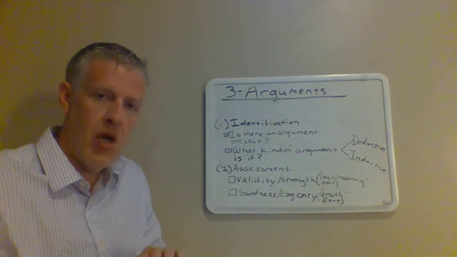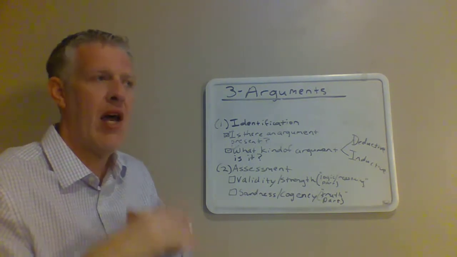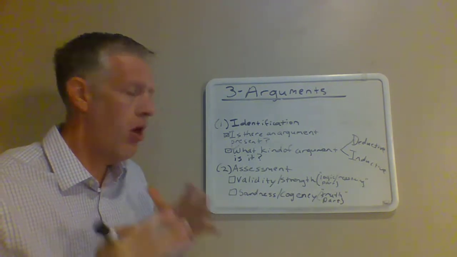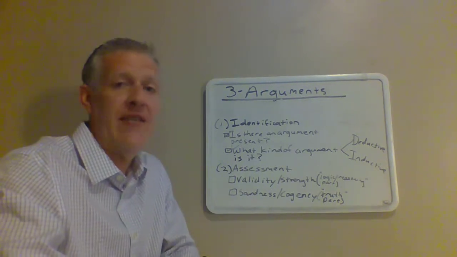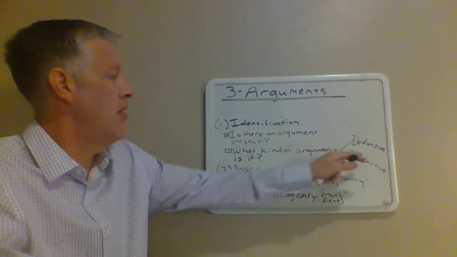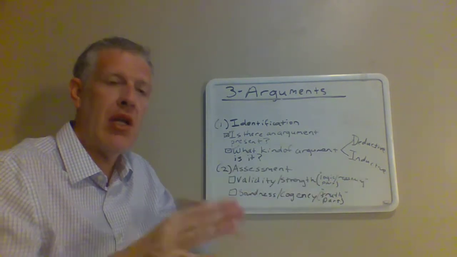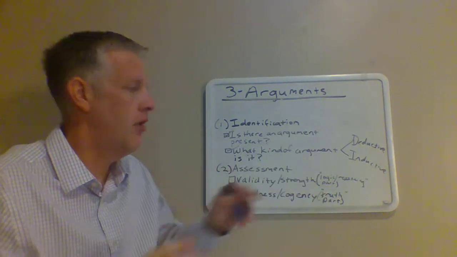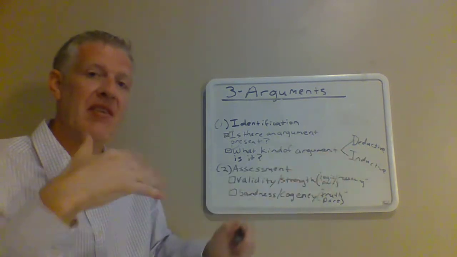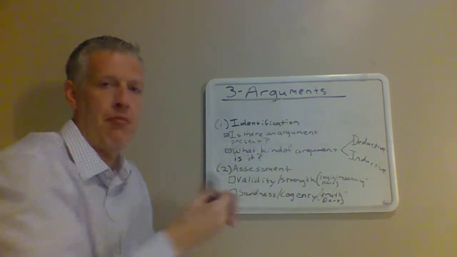All arguments, at least in terms of our class and how we're proceeding, are classified into one of two types. They're either deductive or inductive. We'll get into the differentiating factor in a moment, how you figure that out. But that's the second step of this identification process.